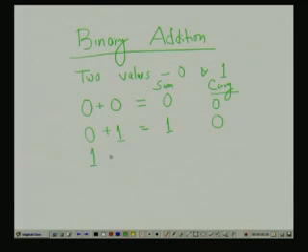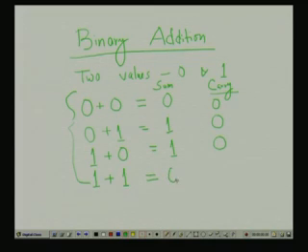And 1 plus 0 is the same because it is addition. Now, if it is 1 and 1, there are only these 4 different additions possible. So, 1 plus 1 gives sum 0 and carry 1.